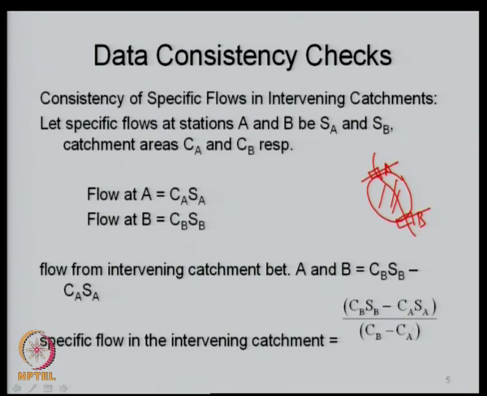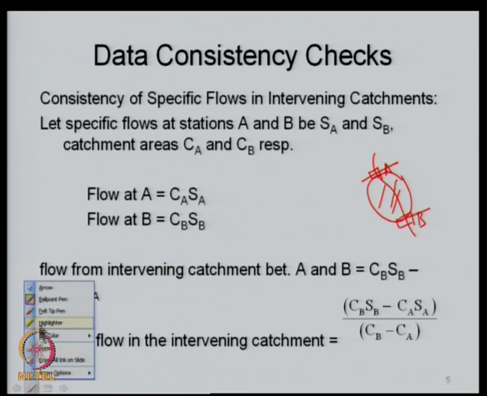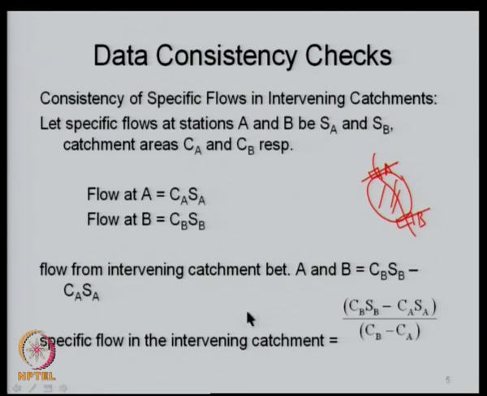Now, this is an important indicator of how the region behaves. Let us say that you get the intermediate catchment specific flow here, and then another sub catchment you consider, take the intermediate catchment specific flow there, and then you can compare the intermediate catchment specific flows. That is what we will do now.